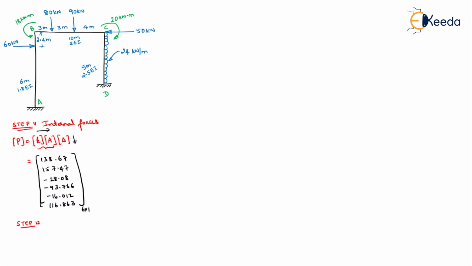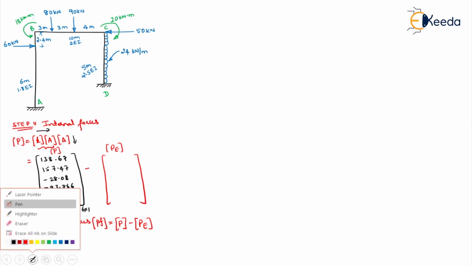Step 12 will be your final forces. That's your PF. This will be equal to what? P minus PE. So you already have your P matrix here, right? Minus the PE matrix, you do, you get your answer. So let me write the PE matrix here, whatever we have had earlier.